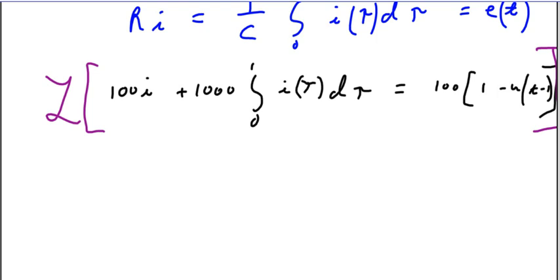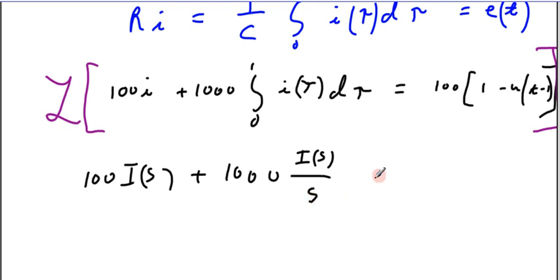Okay, so Laplace transform of everything I see, and I'm going to have 100 I(s) plus 1000 I(s) over s is equal to 100 over s minus 100 e to the minus s over s. Okay, so that's what I have.